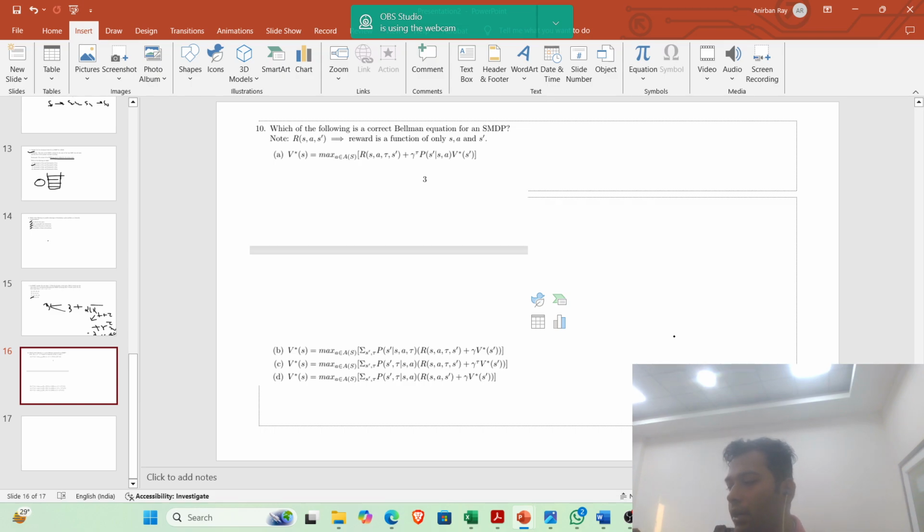Another thing to understand is that this P(S'|S,A) transition is invalid in the case of SMDP because we have to take account of tau as well. So that transition is important. So this one is wrong. So what we get is option C.